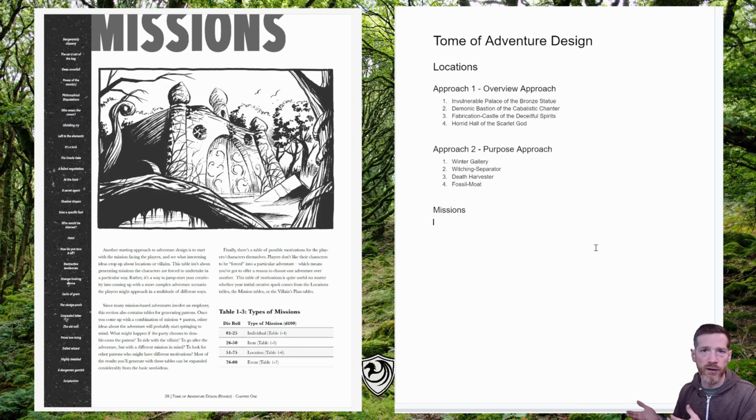Maybe you're recovering an item, maybe you have to steal an item, maybe you're transporting an item, something like that. Then there are additional tables for who's giving you the quest, why they are giving you the quest, and why the player characters would be invested in this quest. So let's come up with a couple of missions and see where we go.